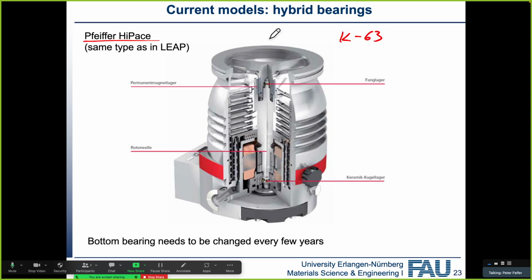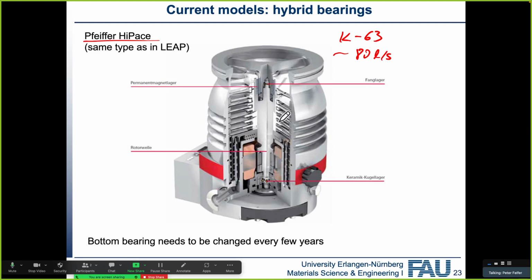It's essentially a rubber-sealed version of the CF63 conflat flange. Typically, they have the same sizes, but you can get them in either rubber-sealed or metal-sealed, and this is the rubber-sealed version. And then it has about 80 liters per second of pumping speed.